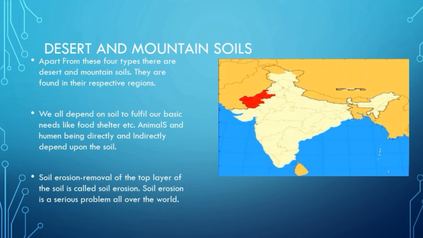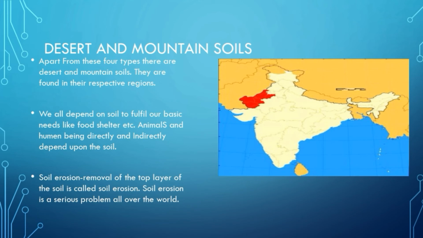We all depend on soil to fulfill our basic needs like food, shelter, etc. Animals and human beings directly and indirectly depend upon the soil. Children, let's know what soil erosion is. Erosion we have already learned before.